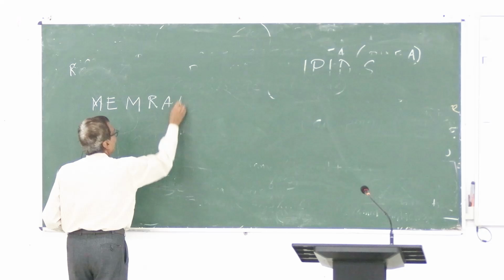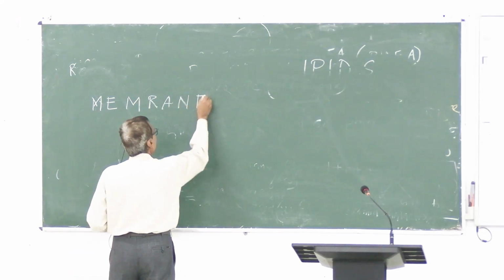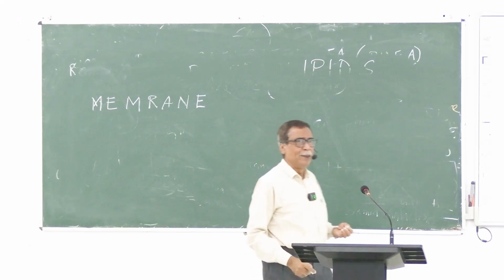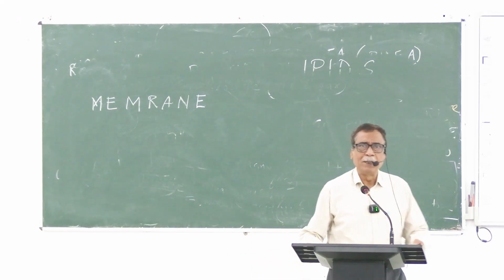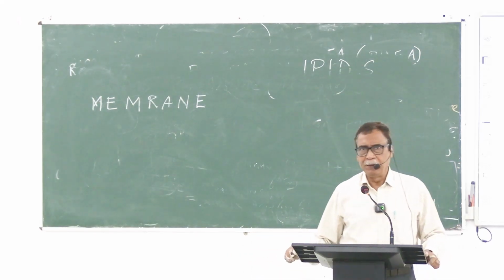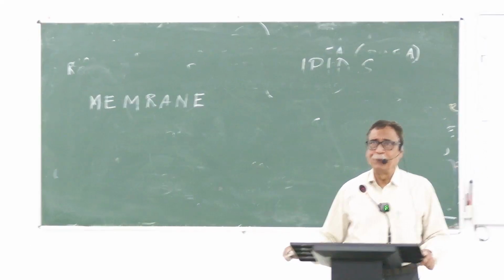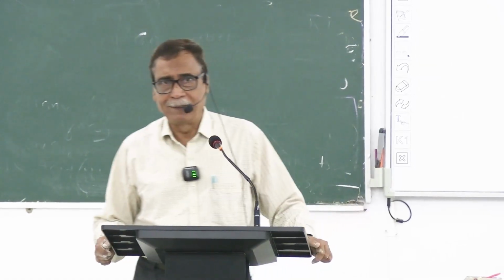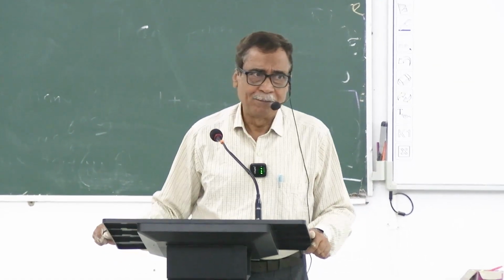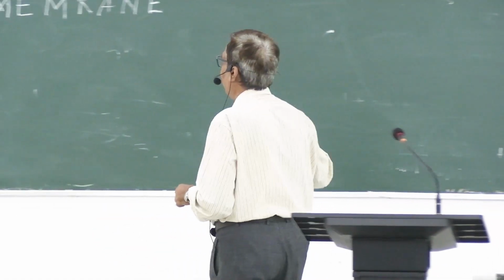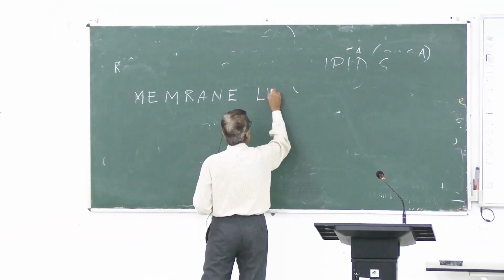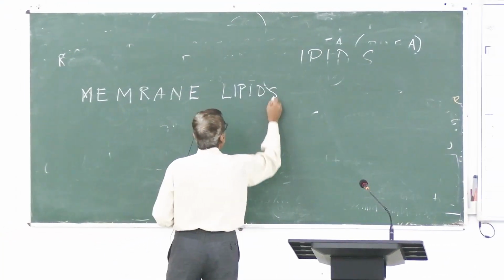Any membrane, not only the plasma membrane. It may be the mitochondrial membrane, the membrane of the nucleus, the lysosome, the endoplasmic reticulum, or the peroxisome. Whatever the membrane, there are phospholipids. And membrane lipids are three types.